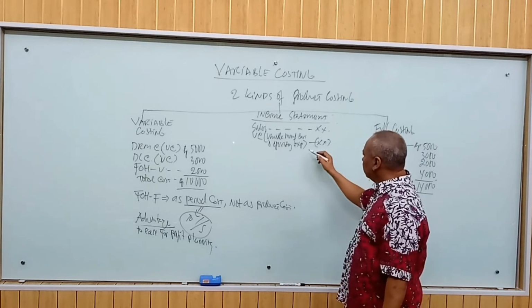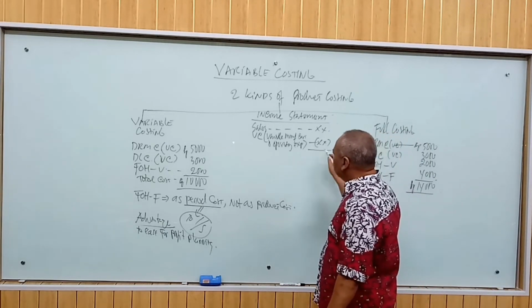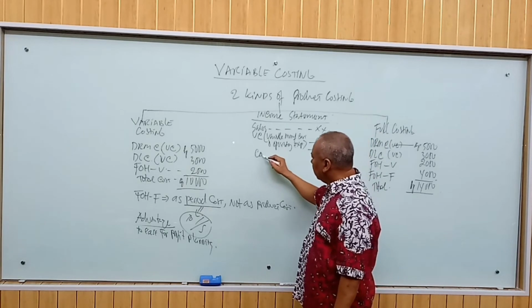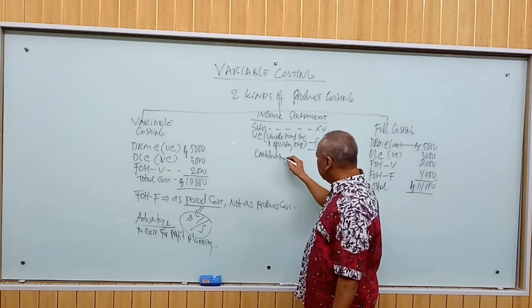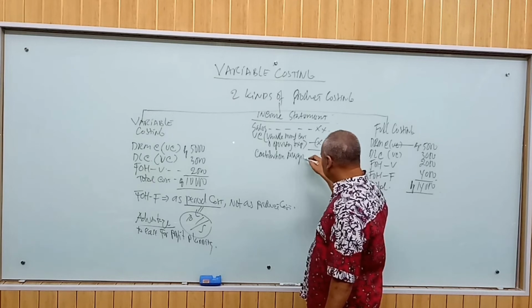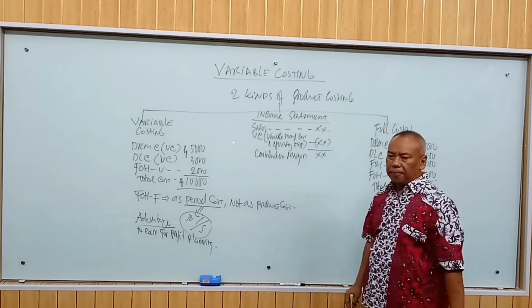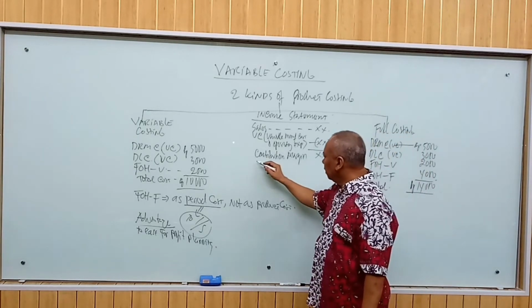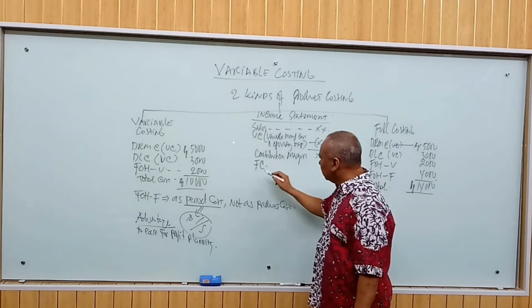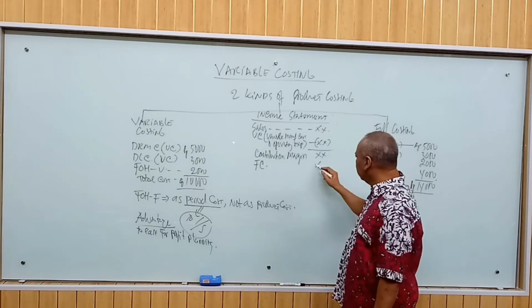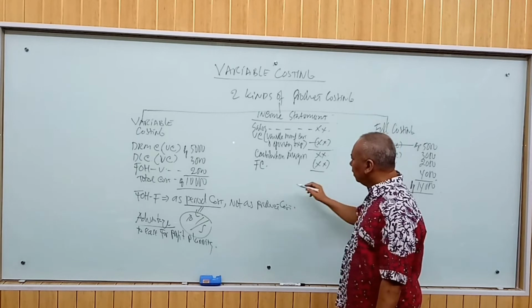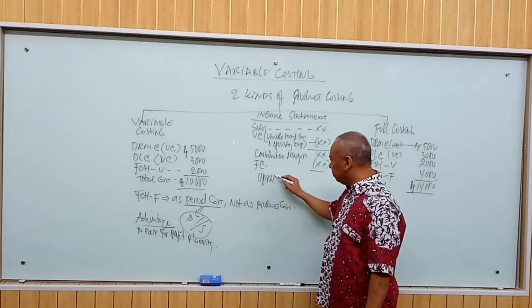So sales deducted by variable cost, we find the contribution margin, and then we deduct fixed costs, so we find the operating income.